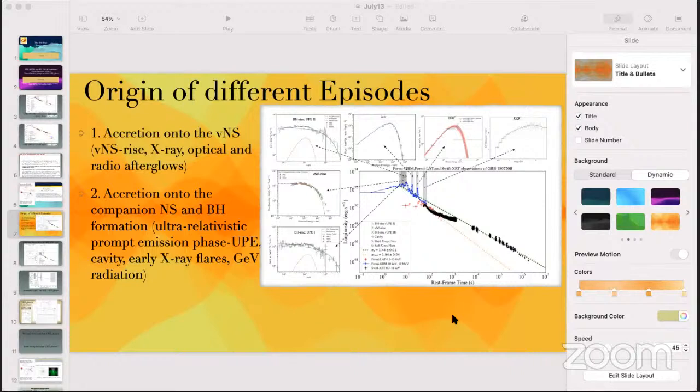Therefore, we cannot afford the luxury to study GRBs without looking at all these processes separately, and understand that GRBs are by far the most complex system in the universe. We have to analyze each one of these features and see how they contribute to the overall picture. This is the key point. I hope that this will become clear as we go on.